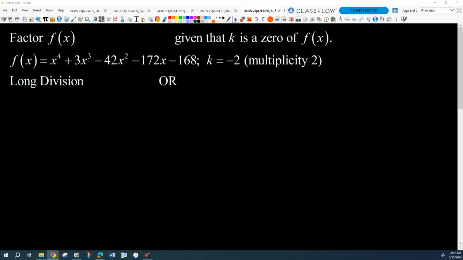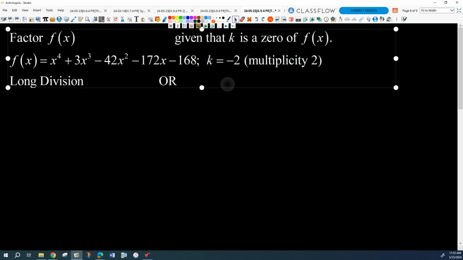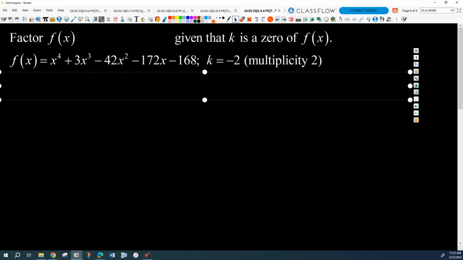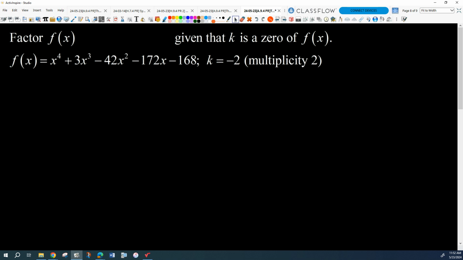They tell us that k is a 0, so -2 is a 0. What does it mean that the multiplicity is 2? It just means how many times is -2 a 0?